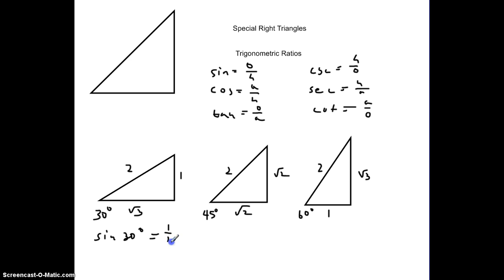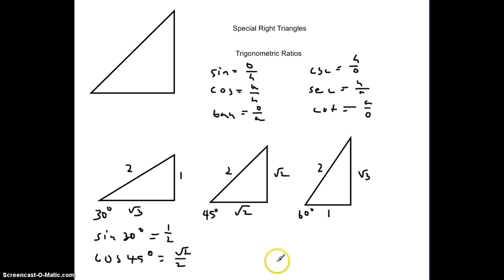Or if we wanted to do the second triangle here, we might use it for cosine of 45 degrees, which would be the adjacent side over hypotenuse, or square root of 2 over 2.